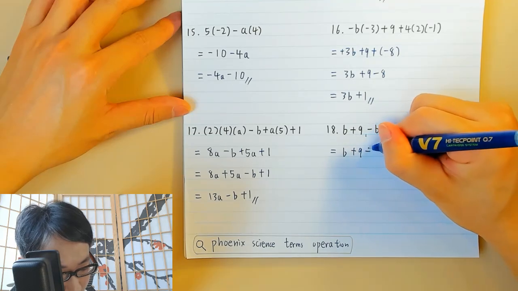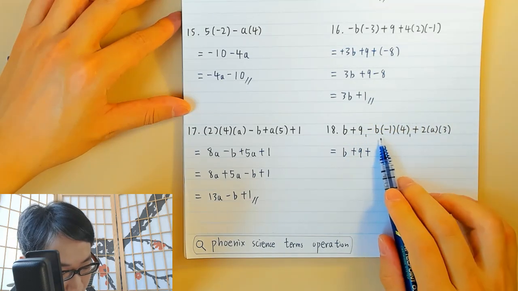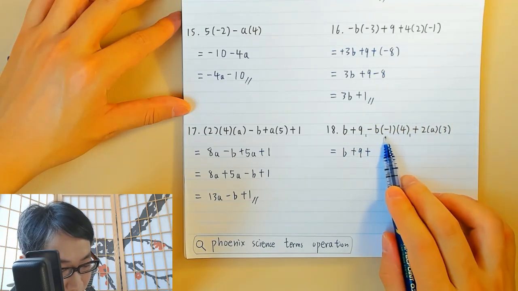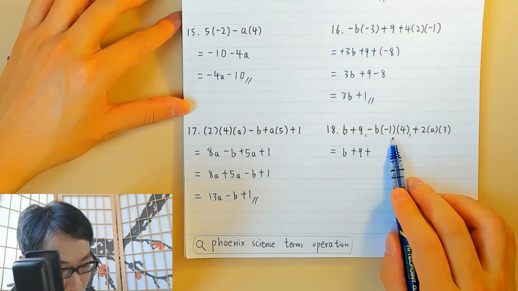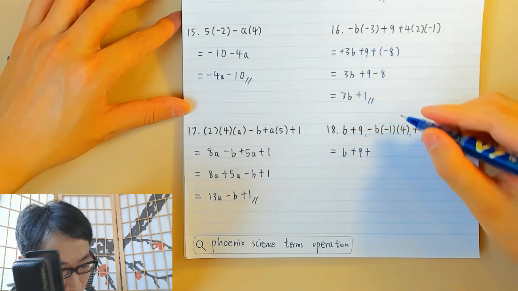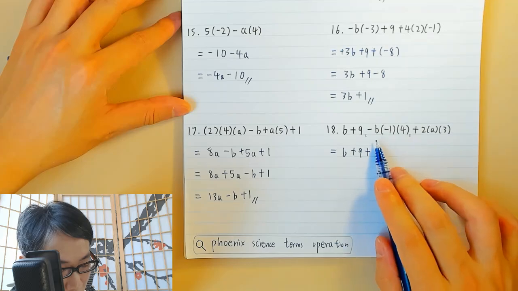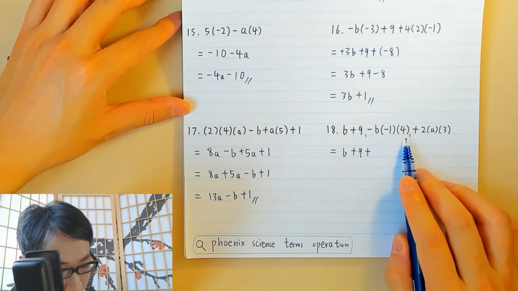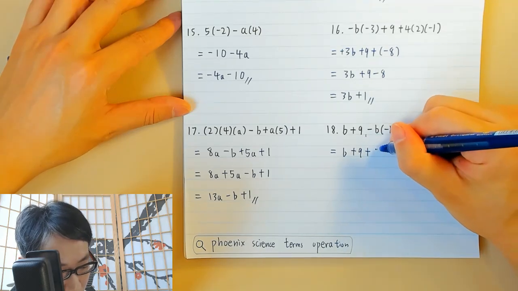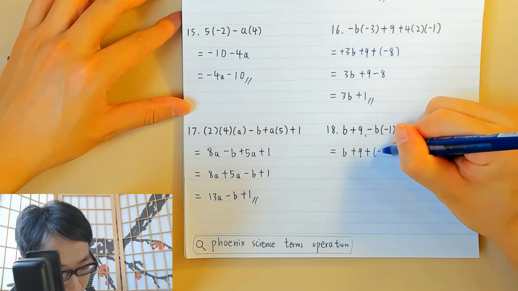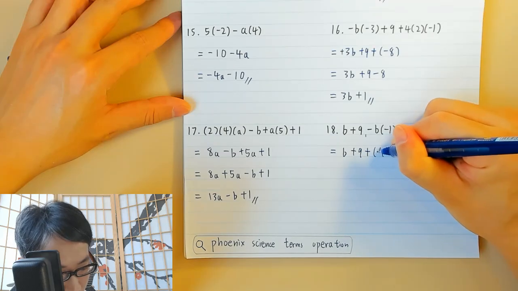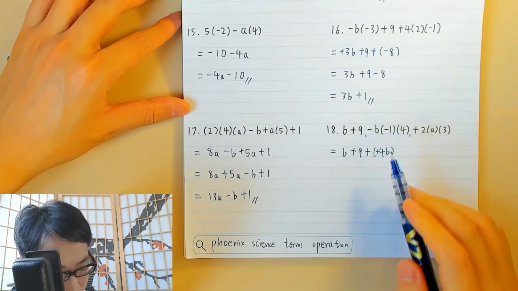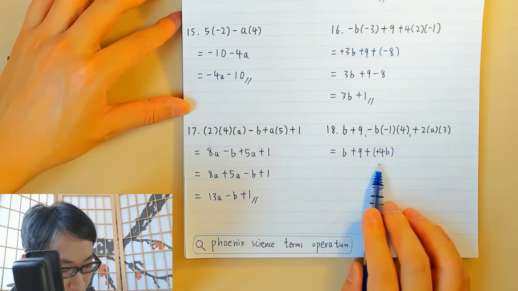So we are adding, and minus B times negative 1 will be a positive B. So, and then times 4. So positive B times 4. We will have 4B. We are adding 4B positive to the previous terms. Okay.